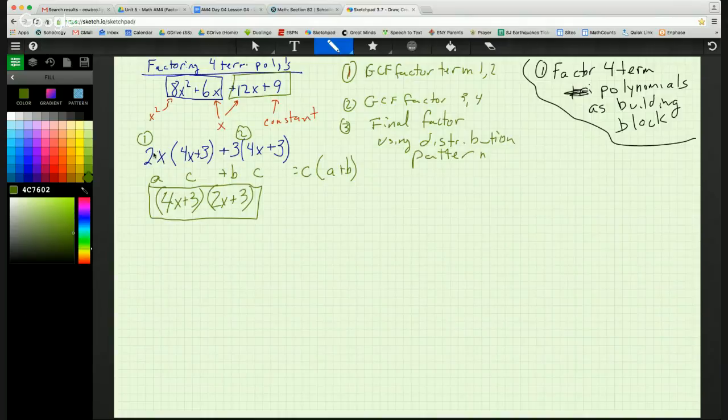And I'll show you another way of thinking about factoring this next guy as we do this one more time. And maybe you should try this next one on your own first. So I want you to try this.